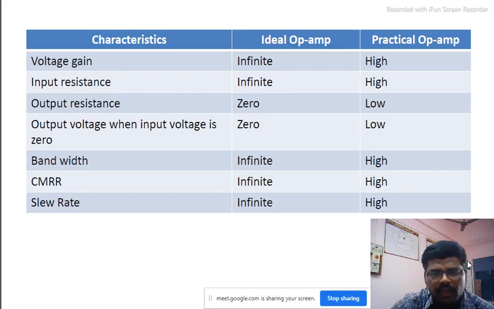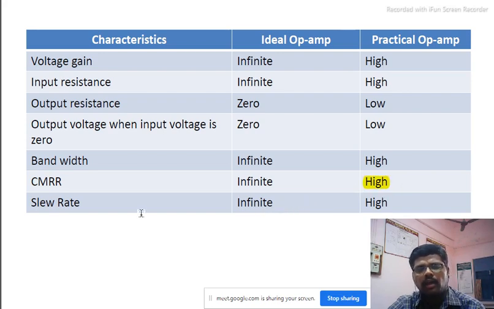Bandwidth is infinity in ideal and in practical it is high, and CMRR is infinity in ideal and in practical op-amp it is high.